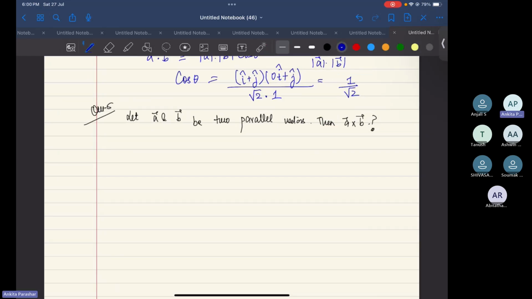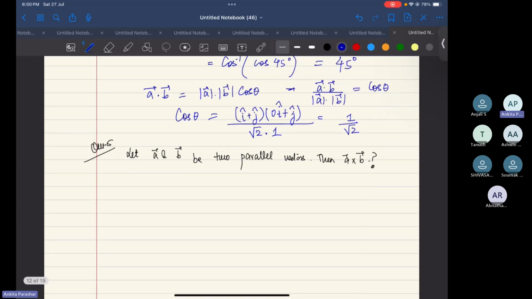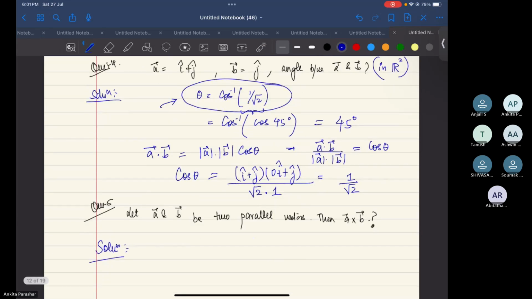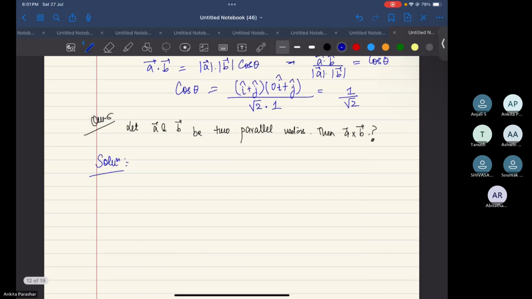So another question is, if you have two parallel vectors, what is A cross B? This is the cross product of two vectors. This is some quick question. The answer is 0, the zero vector.